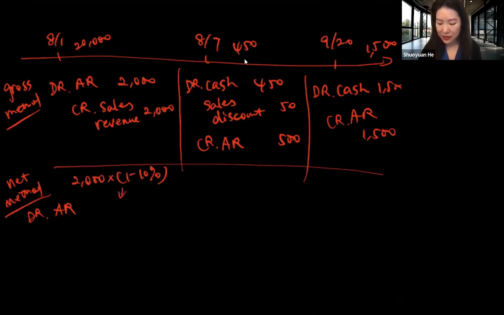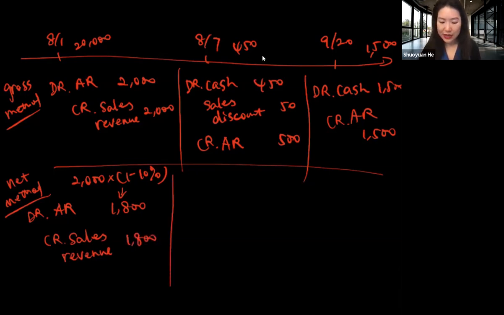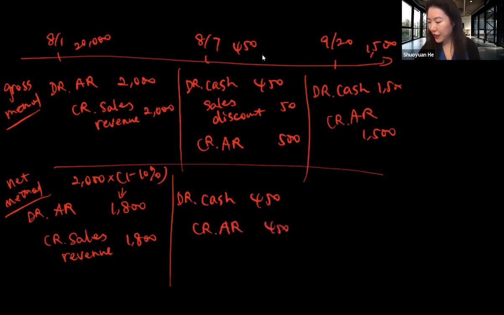So that is 1,800, and credit sales revenue 1,800. So this is the net method. And then on August 7th, the customer paid back 450 and the customer did take the discount. So I debit cash 450 and credit accounts receivable 450.